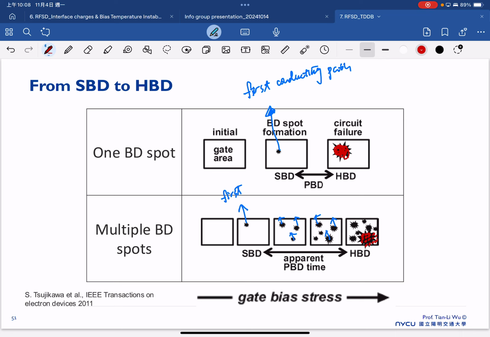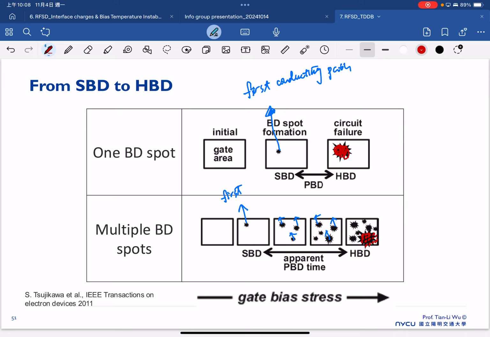In any case, if you look at the current versus time characteristic, sometimes it's probably not easy to understand. But I believe if we try to understand by using the population model, by using the concept like here, I think it's pretty straightforward.